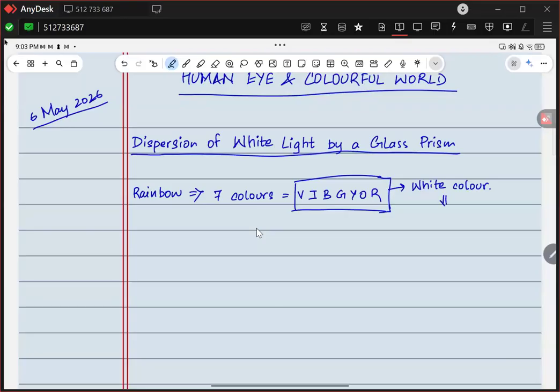So what happens when white light passes through a prism, it gets split into these colors. This is what happens. Now, why does this happen?